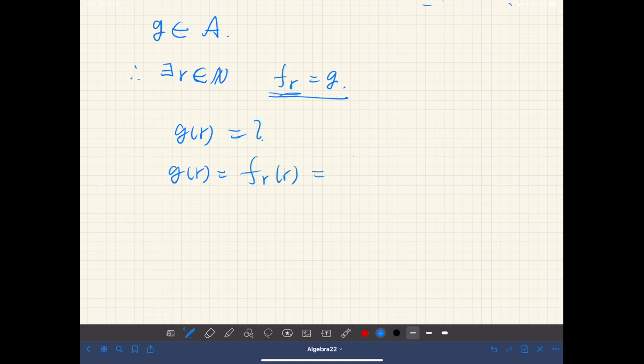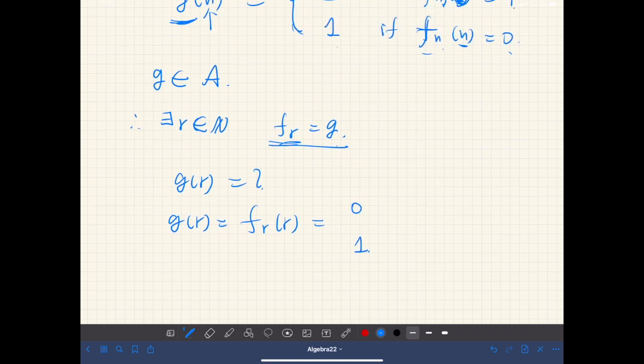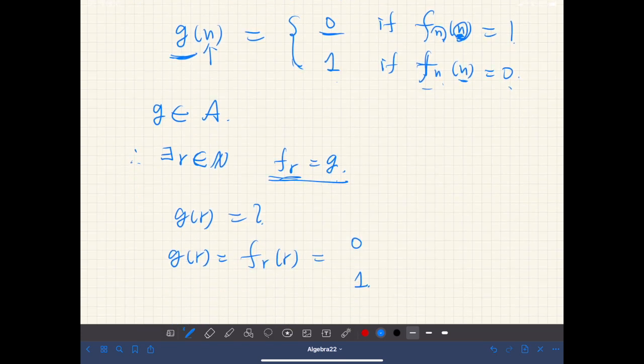This is either 0 or 1, but by the definition of g, if fr(r) is 0, then the value of g(r) is 1.